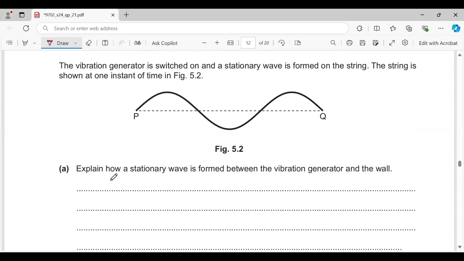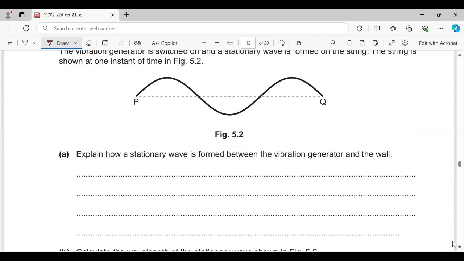Explain how a stationary wave is formed between the vibration generator and the wall.